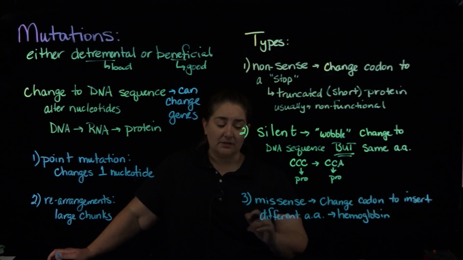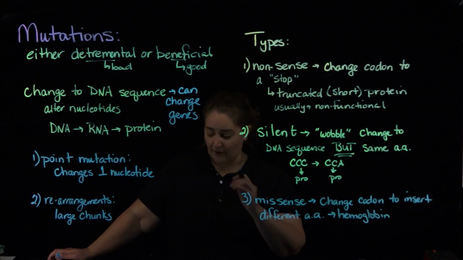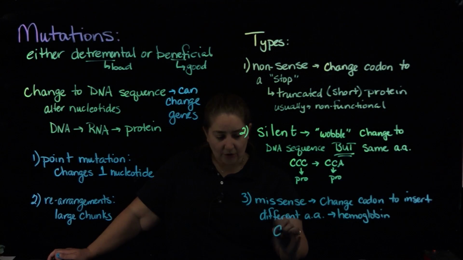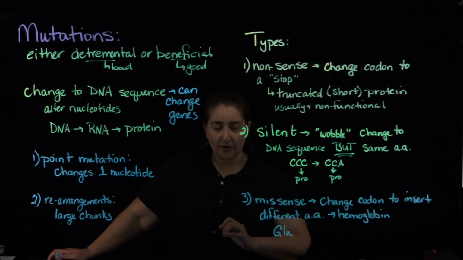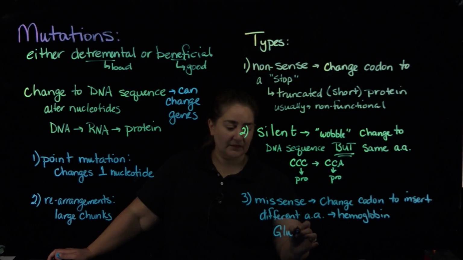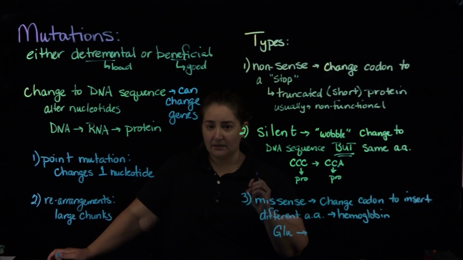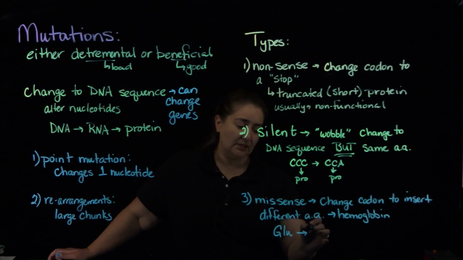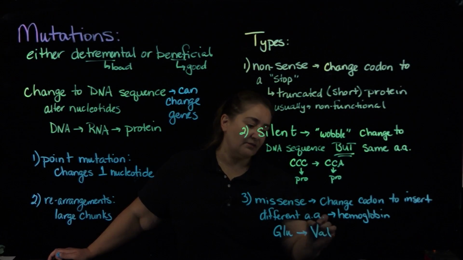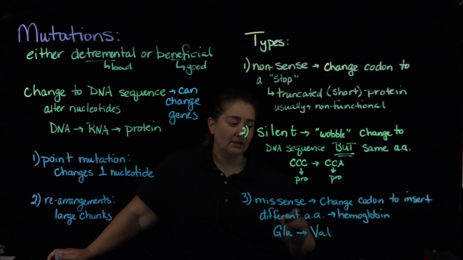And what happens is that results in the normal glutamate. Instead, the amino acid that's inserted into that hemoglobin protein is a valine, okay?